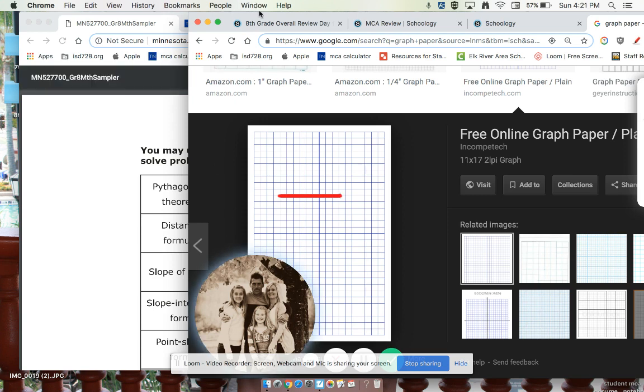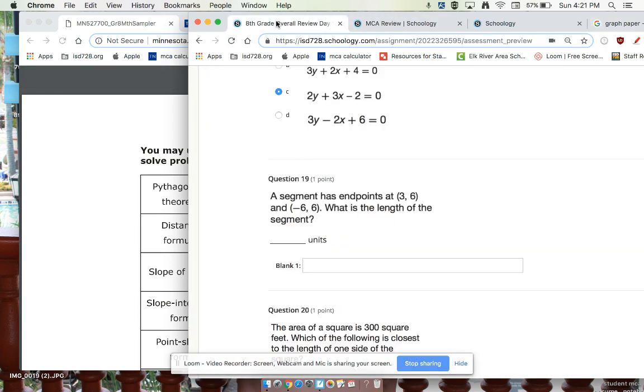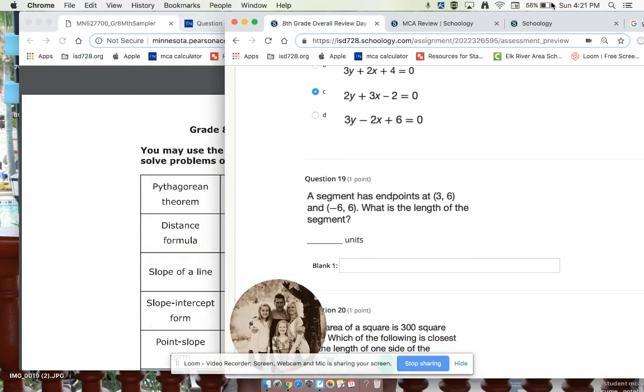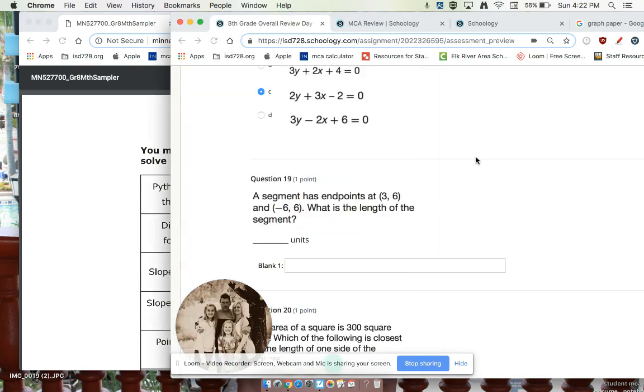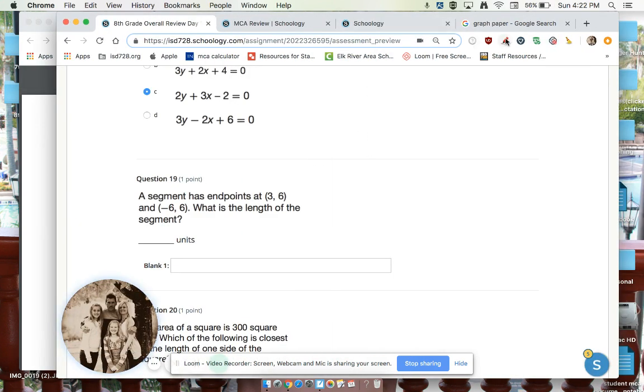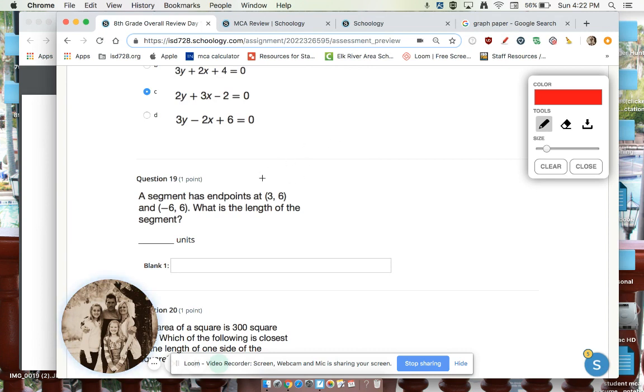I'm going to use my distance formula though, just to show you how to type that in. According to the distance formula, the distance between any 2 points is equal to the square root of the second x, take away the first x, square it, plus the second y, take away the first y, square it. So I'm going to write these 2 points down, my x, my y, and then down here my x and my y.